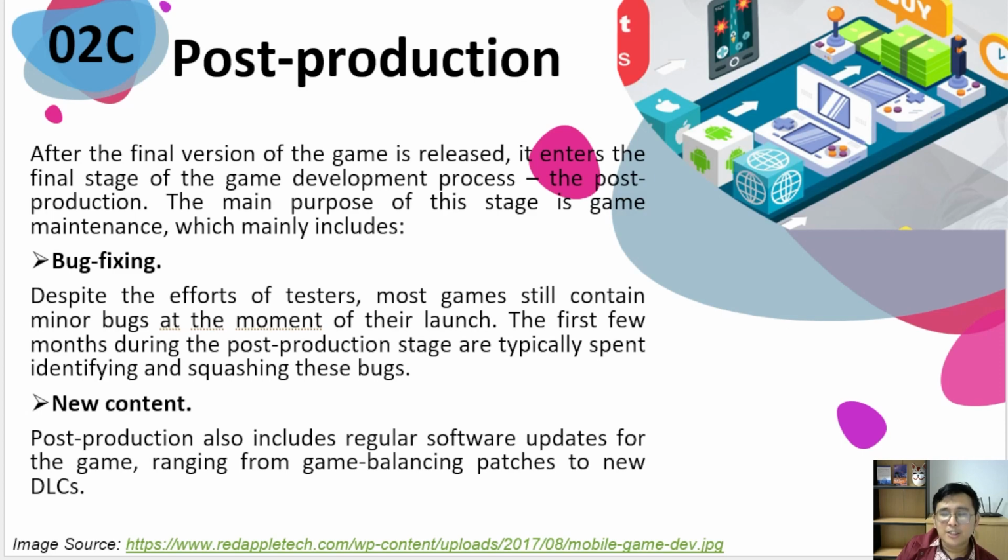In this post production phase as well, we need to focus on the plan and the preparation to add content, because in game development doing the same thing over and over again will ensure a decrease of our players. So that's why we should be able to have new content updates, and we can even have new profits in that using what we call DLC, or downloadable content. And this is a common practice in game development as well.